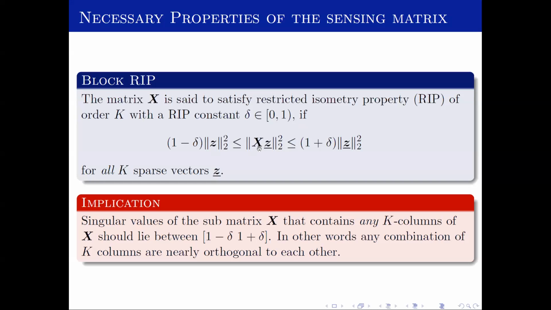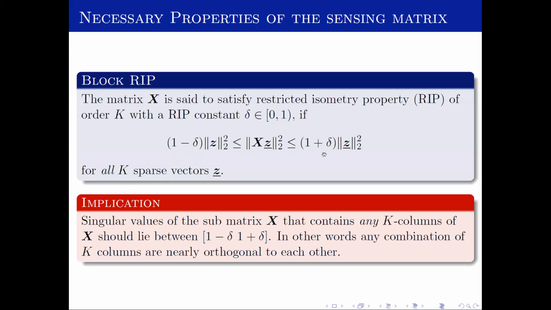Isn't it? Just take any matrix A, 2 cross 2, take a vector 2 cross 1 and multiply AX. After the product, the length of X will change, right? But suppose the norm of Z is here, and after multiplying the matrix, the norm does not change drastically. If that is the case, it is said to have RIP of order delta.